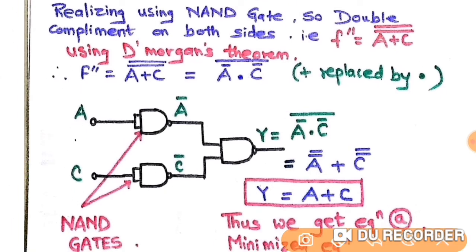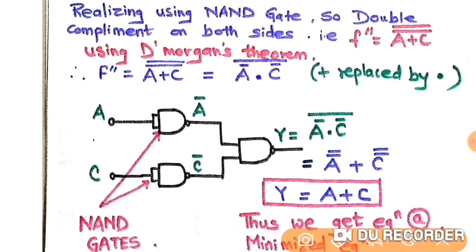Then using De Morgan's theorem, if we complement it, this particular plus sign will be removed and replaced by a dot. As there is a double bar there, we'll make it single bar A, single bar C, and one bar is again there. So the new equation by using De Morgan's theorem is: A bar, dot, C bar, and whole bar, right?